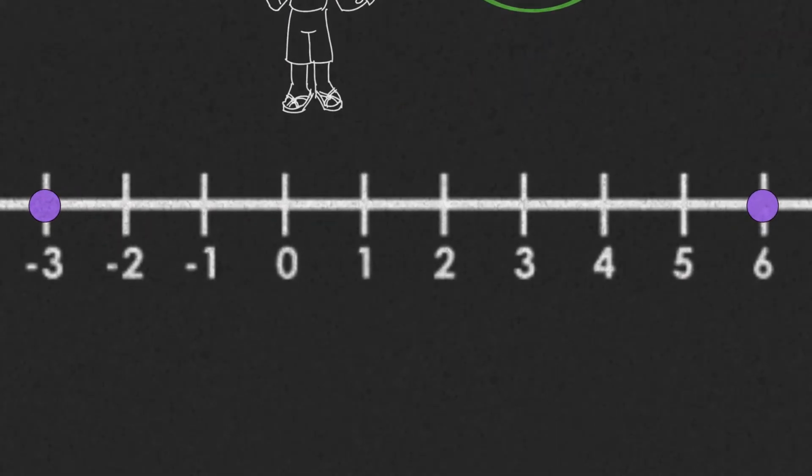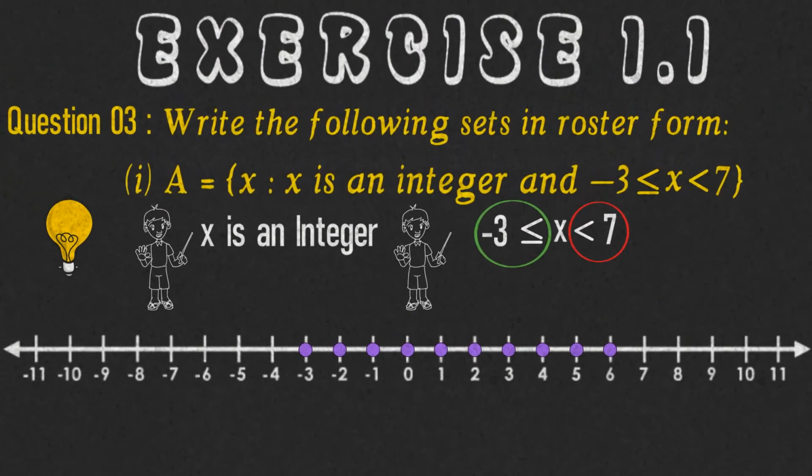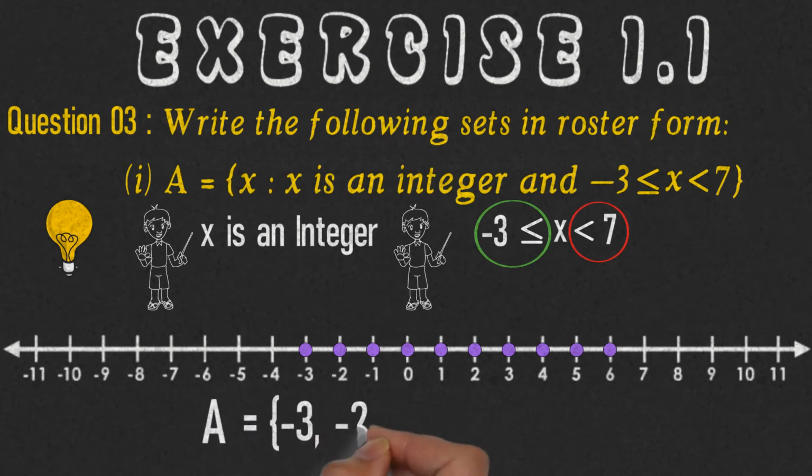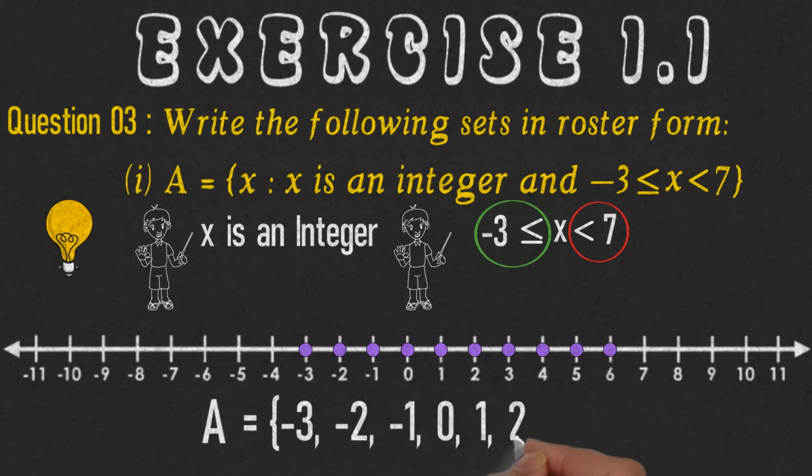So, the integer values that x can take are -3, -2, -1, 0, 1, 2, 3, 4, 5, and 6. Therefore, we can write the given set in roster form as A is equal to set of -3, -2, -1, 0, 1, 2, 3, 4, 5, 6.